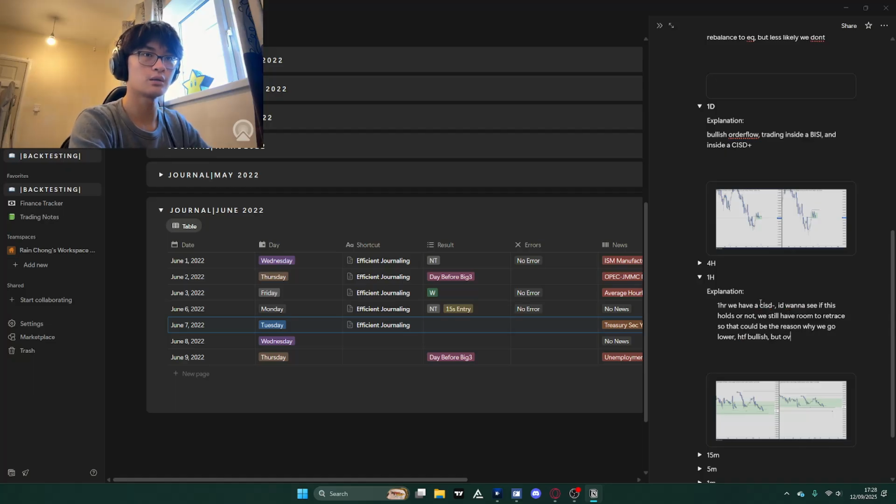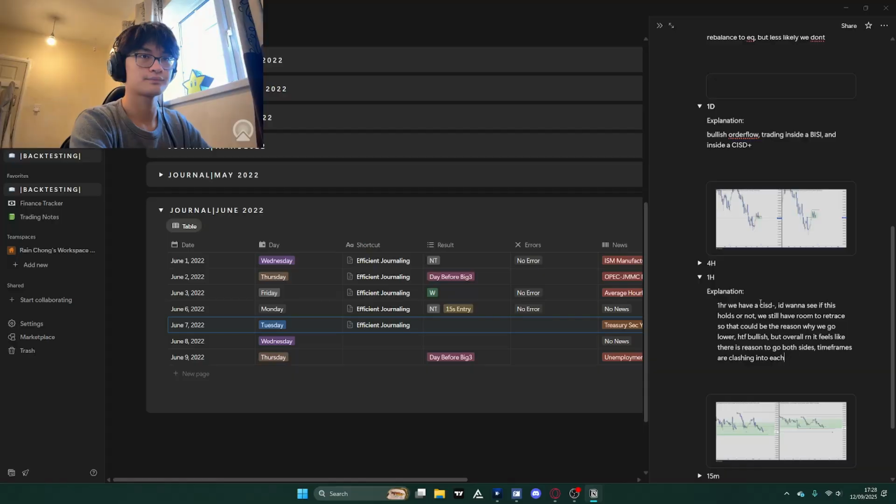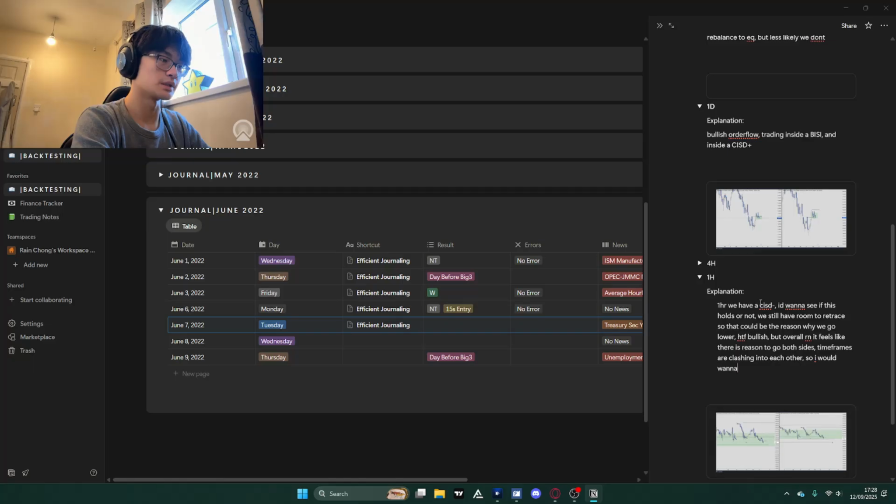Overall right now, it feels like there is reason for both sides. Time frames are clashing into each other, so I would want to be patient and make sure.